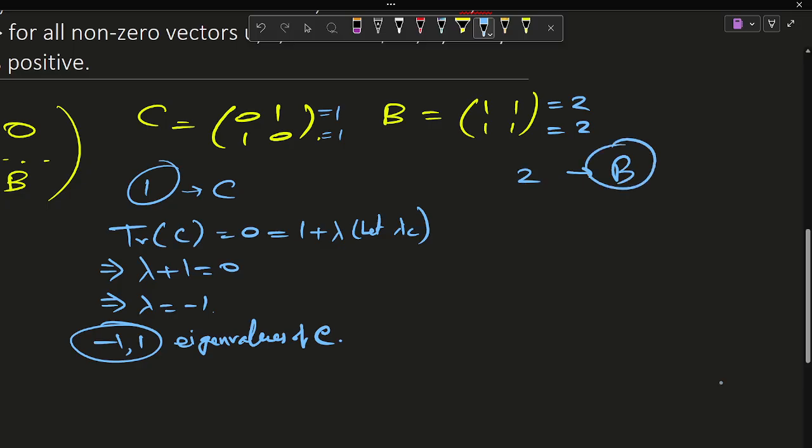The same phenomenon happens here. Sorry, I was wrong: the trace of B is 2.